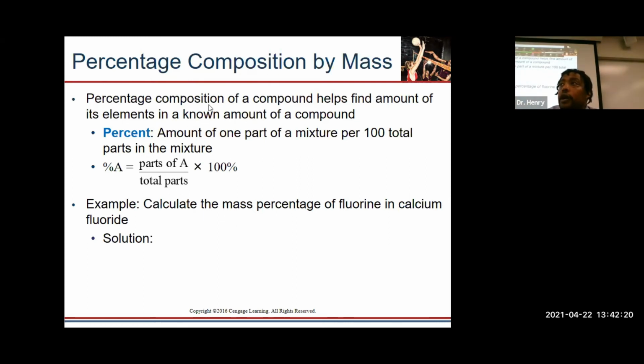If we're calculating the percent mass of fluorine in calcium fluoride, the first thing we want to do is determine what?